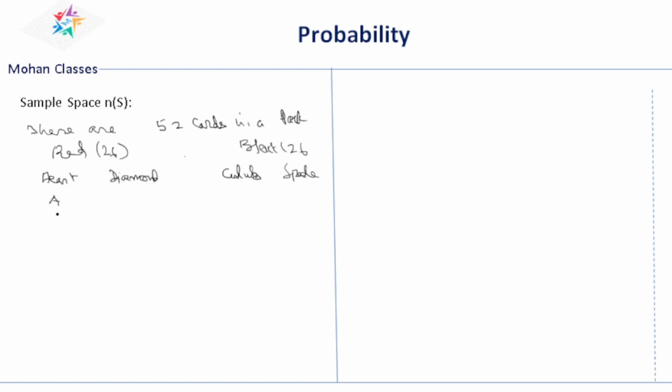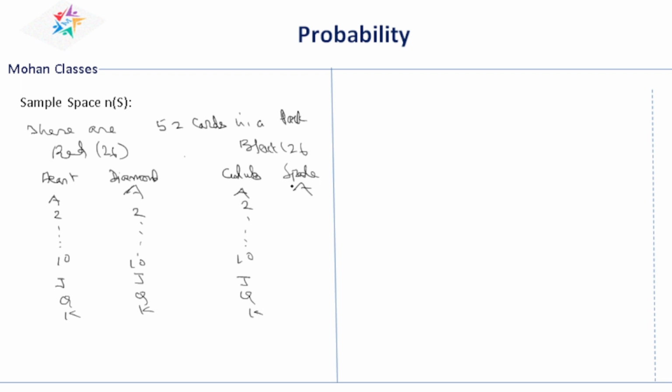In heart, first we have ace, after that 2 to 10, and then jack, queen, king. For diamond also, ace, then 2 to 10, and then jack, queen, king. Clubs also have ace, 2 to 10, jack, queen, king.